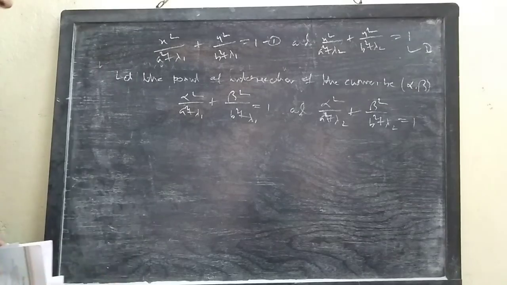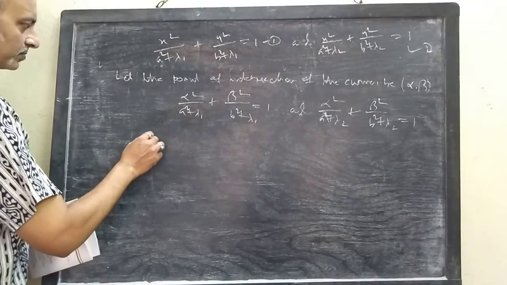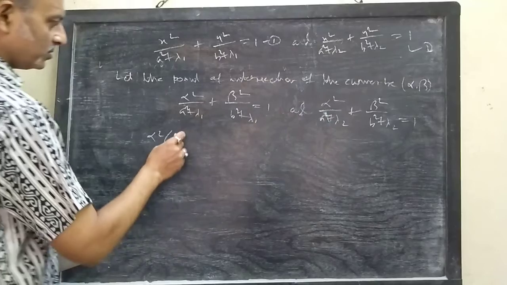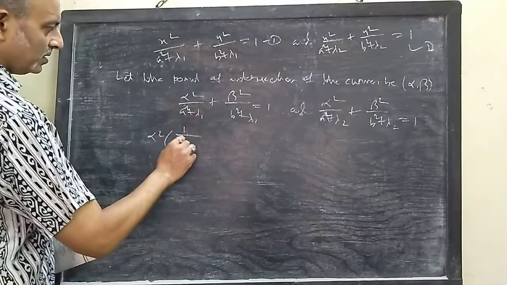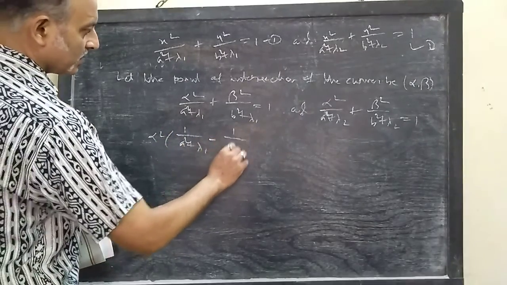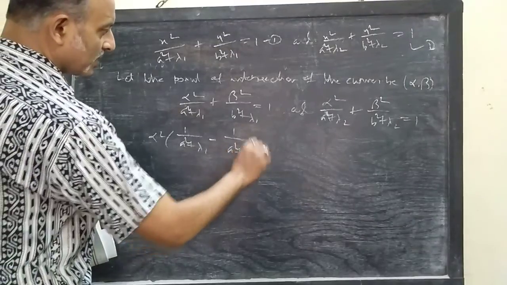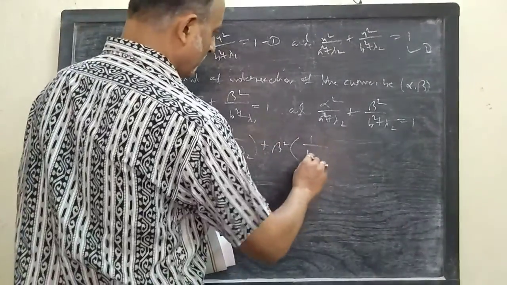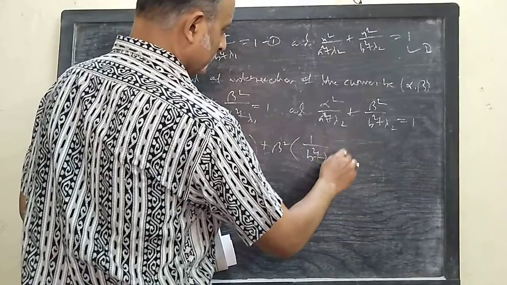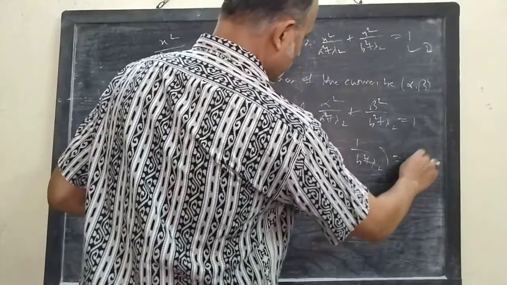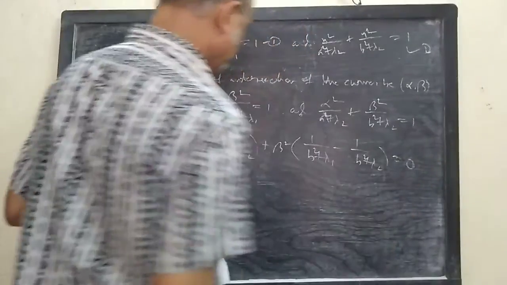Now, subtracting these two results, I am taking alpha square common from these two terms, so we get alpha square into 1 by a square plus lambda 1 minus 1 by a square plus lambda 2, take beta square common, 1 by b square plus lambda 1 minus 1 by b square plus lambda 2 equal to 0, because 1 minus 1 is 0.